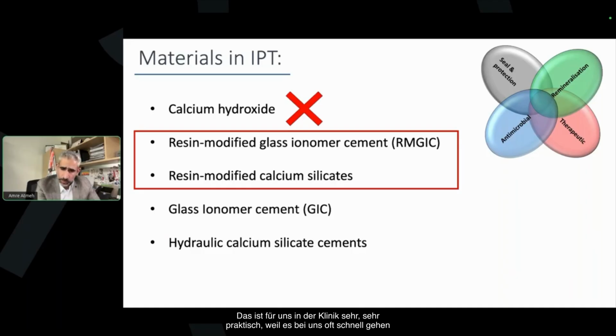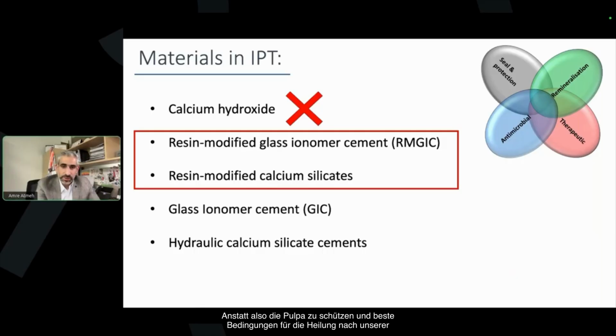So both have resin in common. And resin comes with really clinically friendly properties, the most important being that it can set instantly. Just shine the light cure on it, and it will harden instantly.